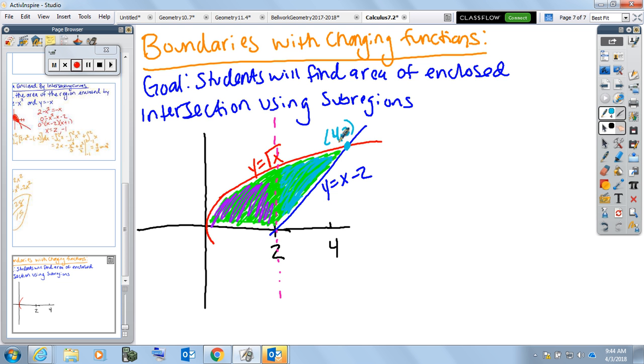And so we would say, well, the entire intersection happens from the interval of 0 to 4, which, yeah, it kind of does in our example, but the area of the intersection is not really existent from 0 to 2, right? You have no relationship of y equals x minus 2 on the interval 0 to 2.